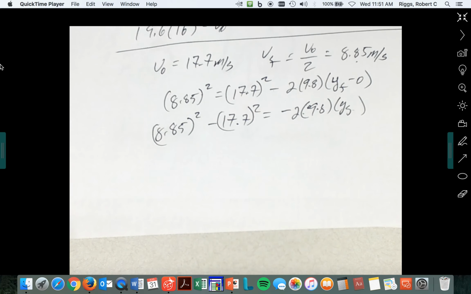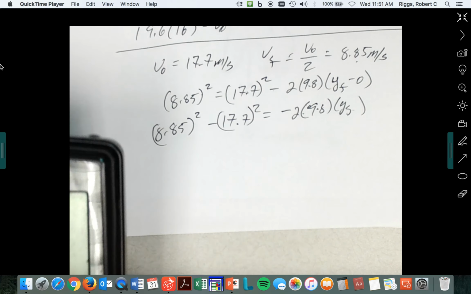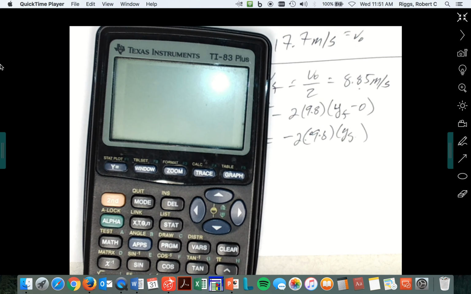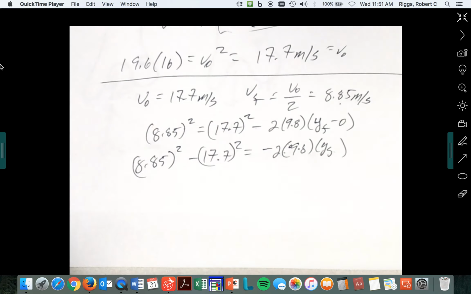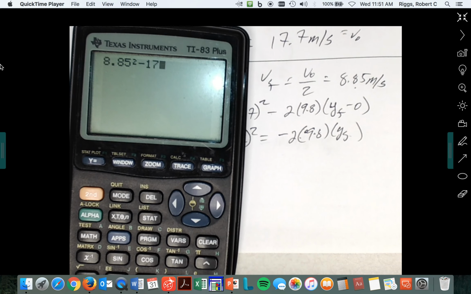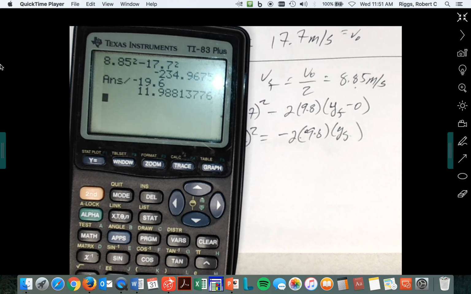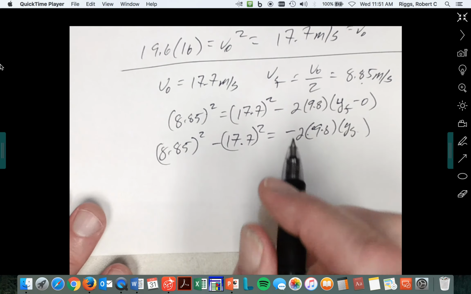Sorry, I'm doing a bunch of stuff in my head here. I'm kind of hurrying because this has gone on too long. 8.85 squared minus 17.7 squared is negative 234, divided by negative 19.6 gives me 11.98.